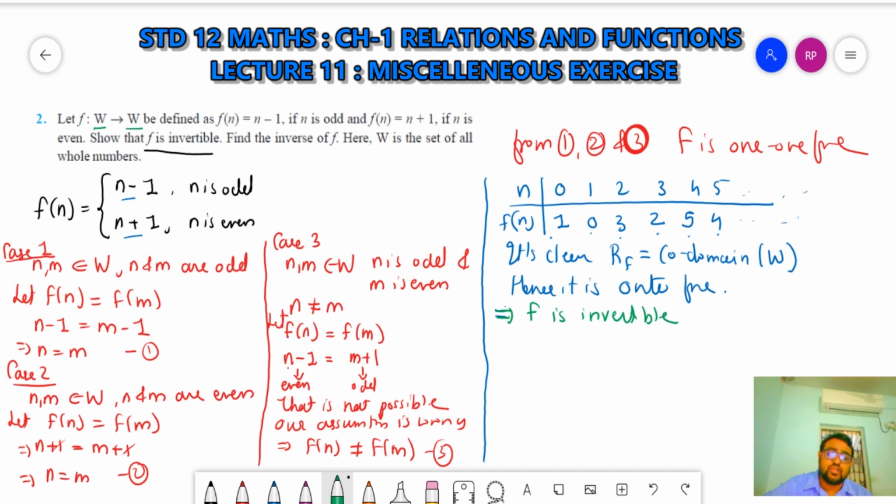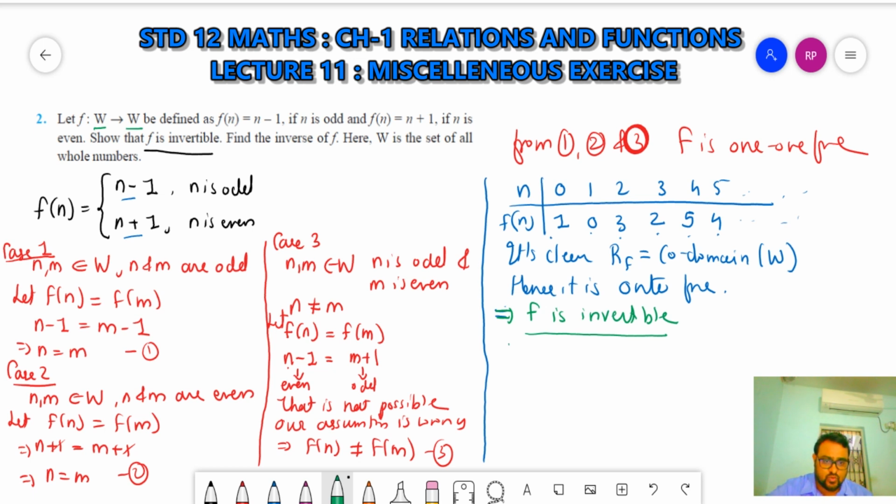Now we also need to find f inverse. So for that, what will we do? Let's take f of n. It is given that f of n equals n minus 1 when n is odd, and f of n equals n plus 1 when n is even.